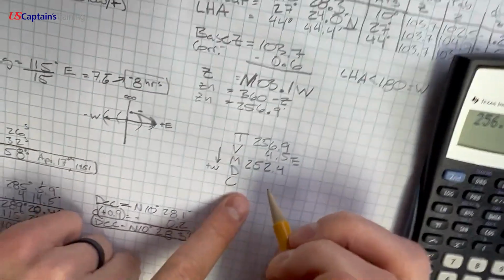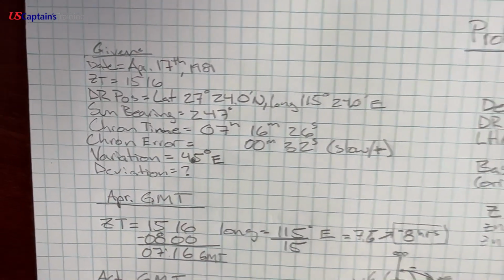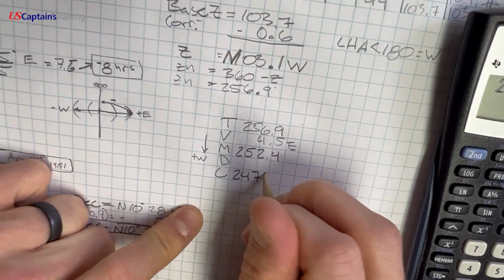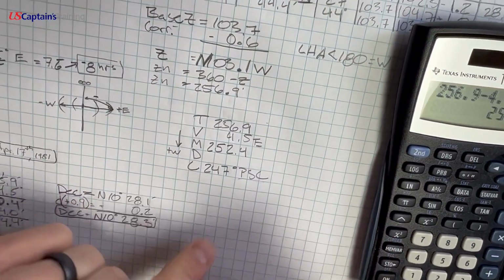252.4. And our compass was given, the sun is bearing 247 degrees PSC. This PSC tells you it's in compass.